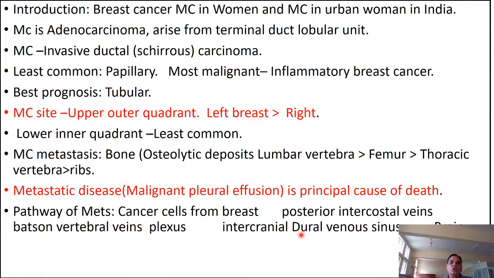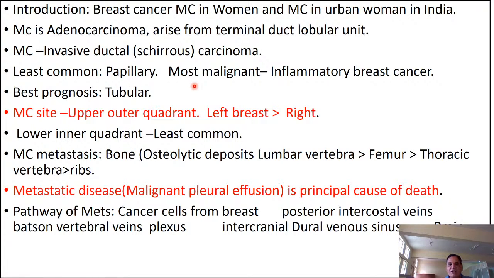So just discussion: most common cancer in urban women in India. Most common form of malignancy is adenocarcinoma. If you remember this, you are through. Most common is invasive ductal, that is serous carcinoma. Least common, papillary.